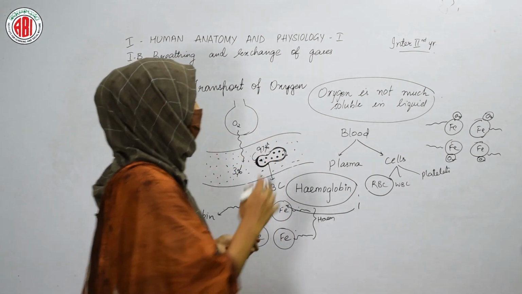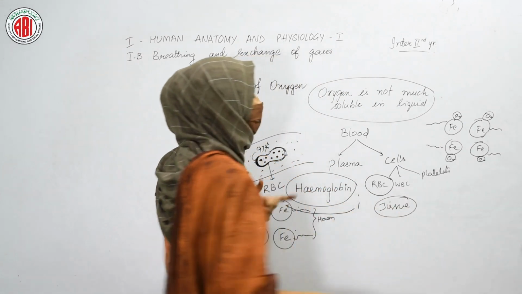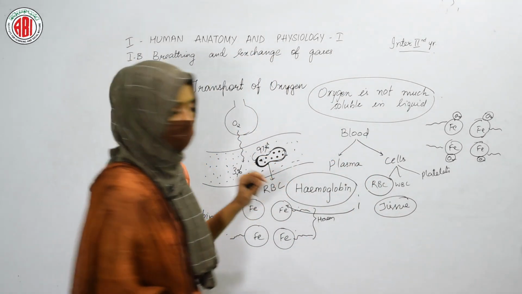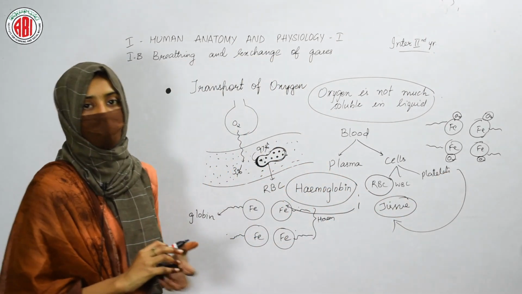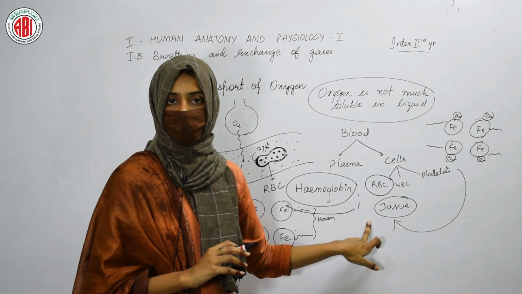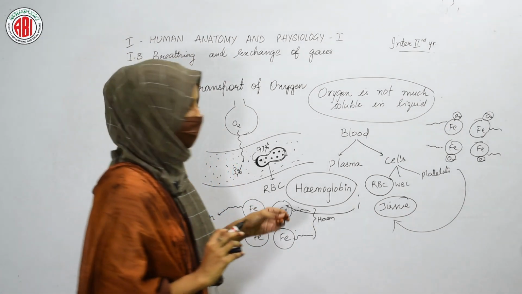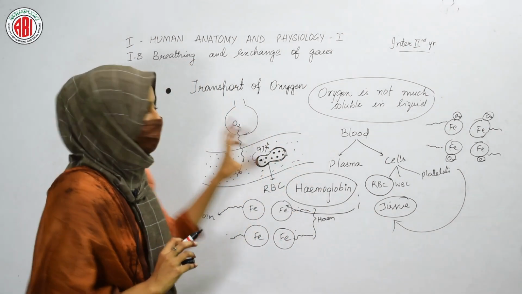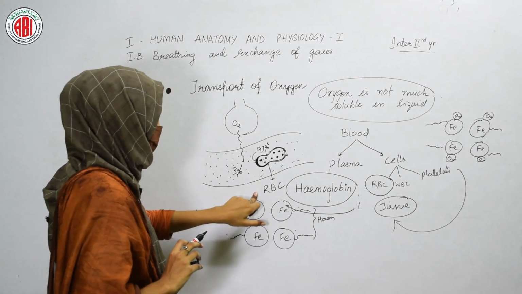But when the tissues require oxygen, at that time the oxygen leaves the heme group of the hemoglobin, and it can easily be transported to the different tissues of our body in order to form ATP, that is the energy molecule. So this is what happens in the blood capillaries by the red blood cells.